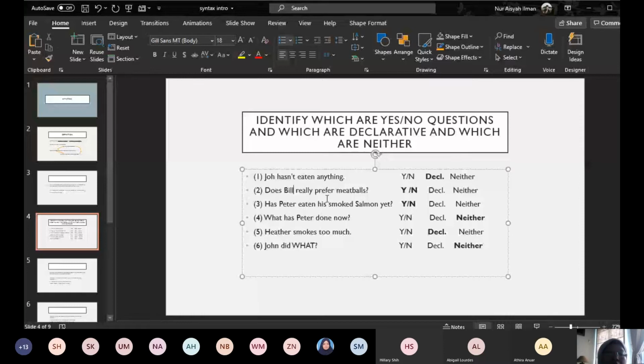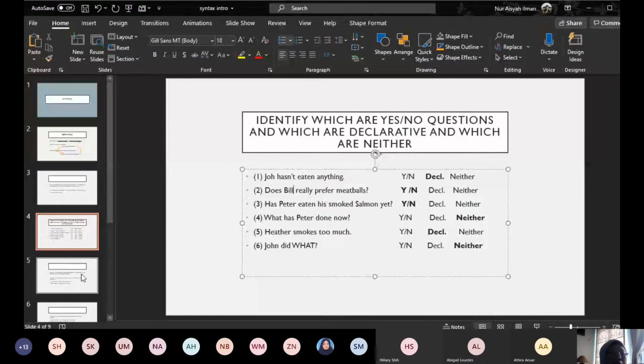Or if you want to put the do after Bill, you can say Bill does really prefer meatballs. So basically, the element after the subject goes to the front in a yes no question.